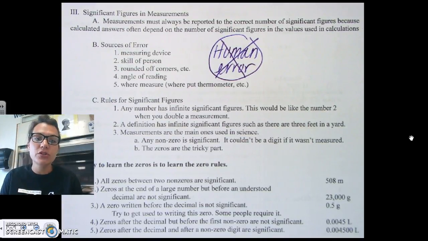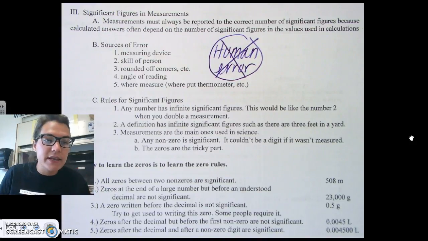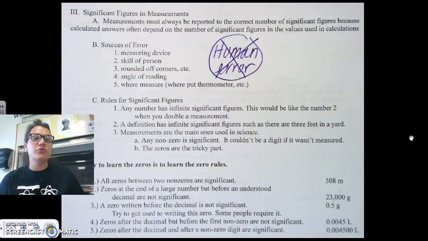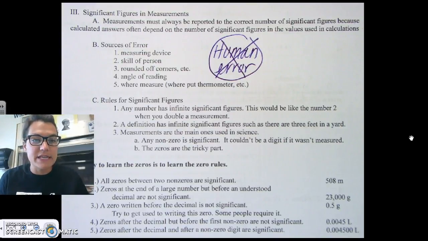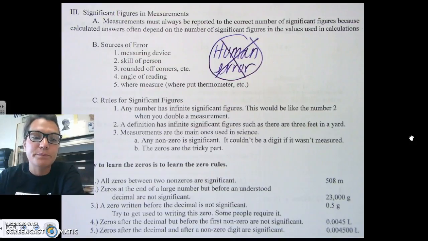Okay, so sources of error could be measuring device, so your thermometer could be calibrated wrong. Skill of a person, so that's where your human error might come into play. Can you not read things precisely? Did you not pour the right amount of stuff? Did you round off the corners?